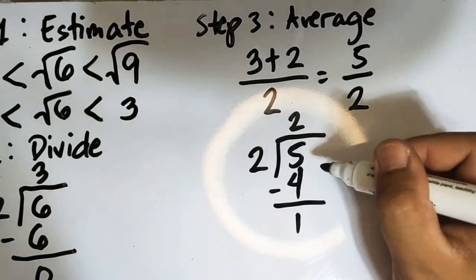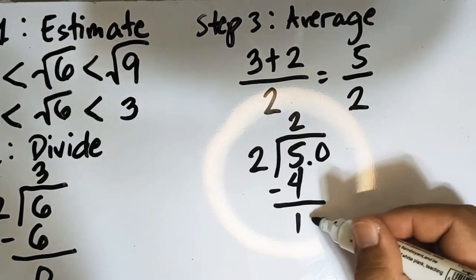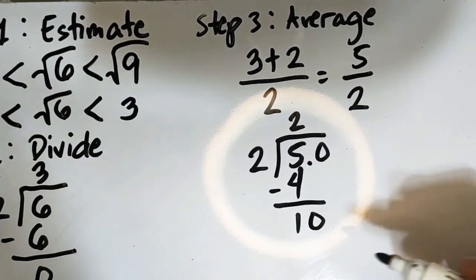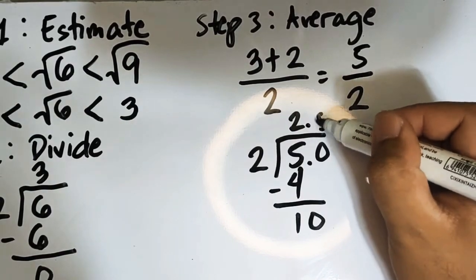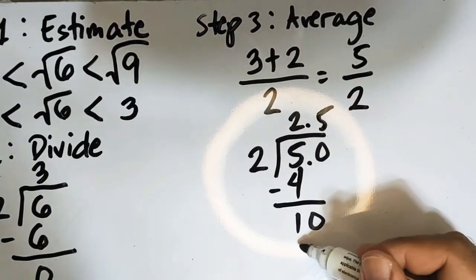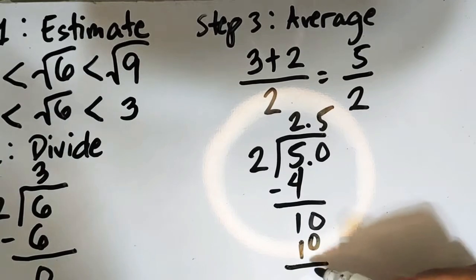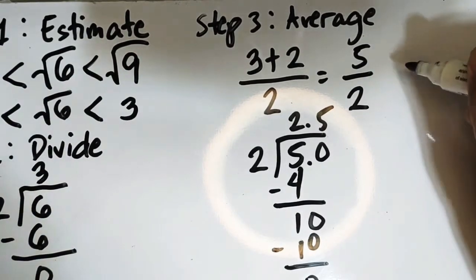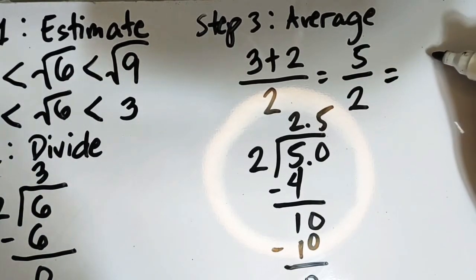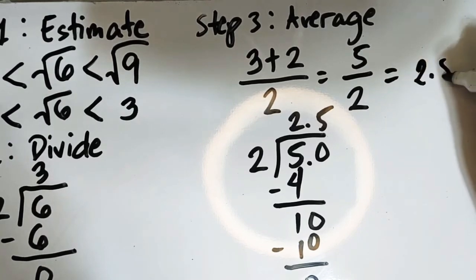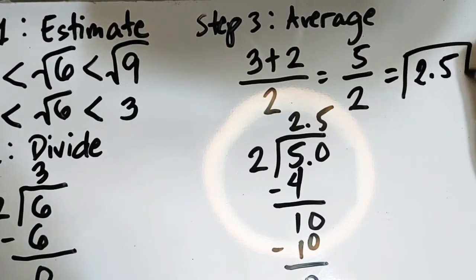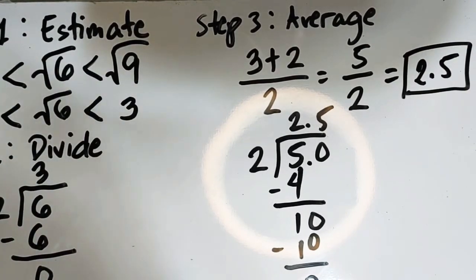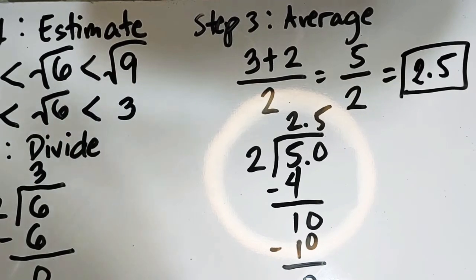So, gagawin natin, magdagdag tayo ng decimal. So, we got 10. 10 divided by 2 is 5. 5 times 2 is equal to 10. So, 10 minus 10 is equal to 0. So, ang average ng nakuha natin ay 2.5. Okay? So, ayan, malapit na nating makuha yung estimated square root ng 6.